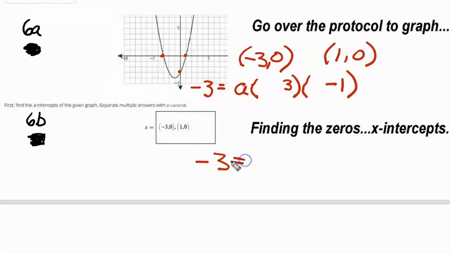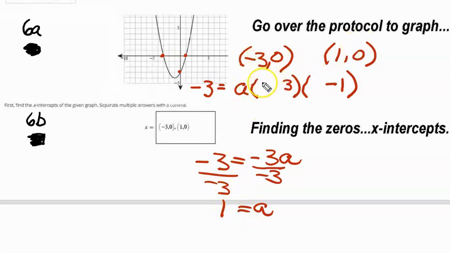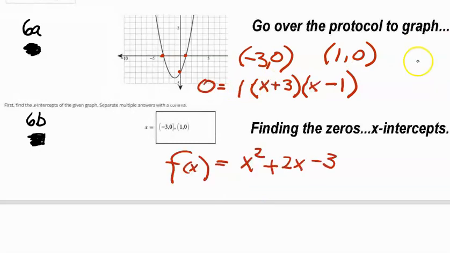Negative 3 equals, this is a negative 3 times a, is a negative 3a. If we divide both sides by a negative 3, we get our a value is 1. Going back to what we had before, our a value is now a 1.